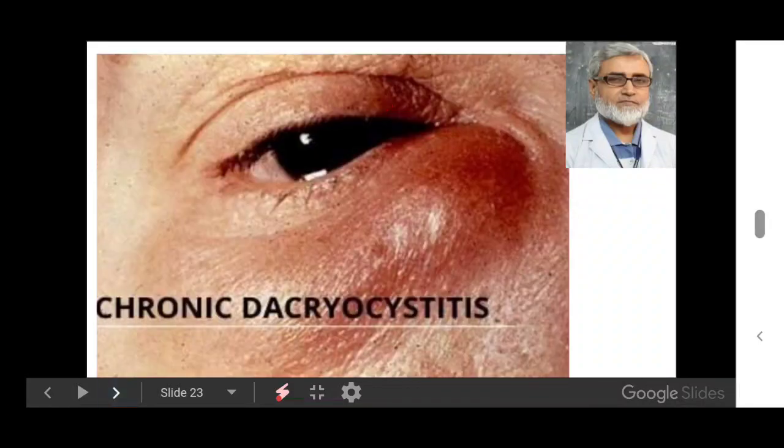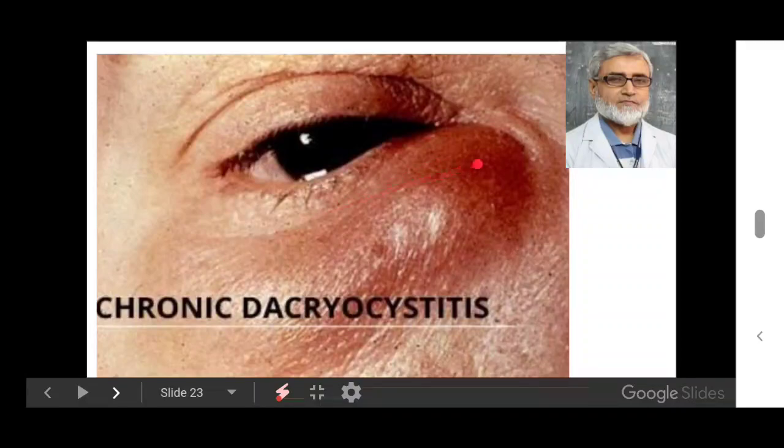Next condition you can see here is an infected lacrimal sac. Observe the chronic cases of blockade of the nasolacrimal duct. There is collection and discharge near the medial canthus. It is full of discharge and the lids are sticking together, and the medial canthus is swollen, painful, tender, and discharge can be observed regularly.